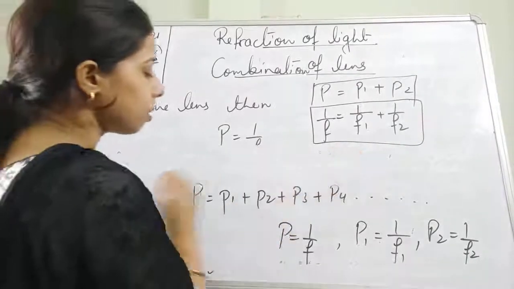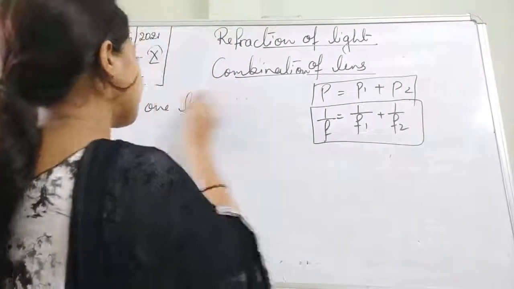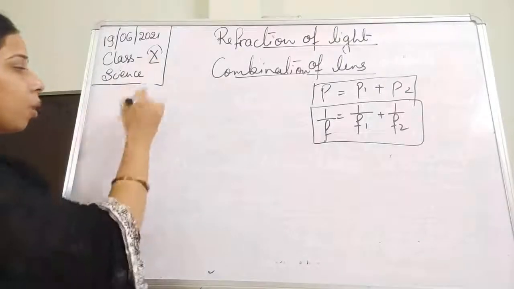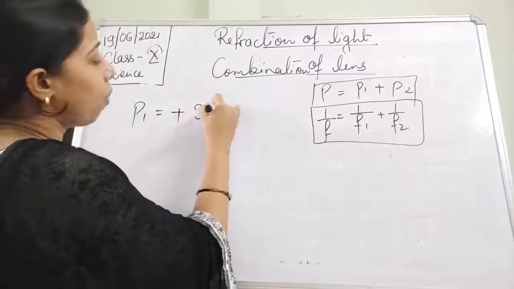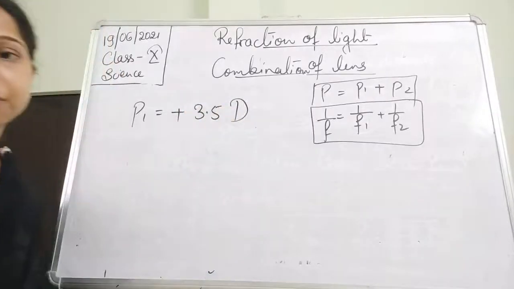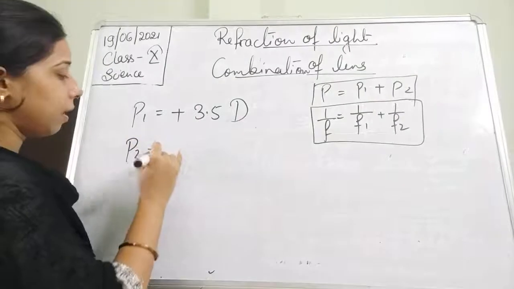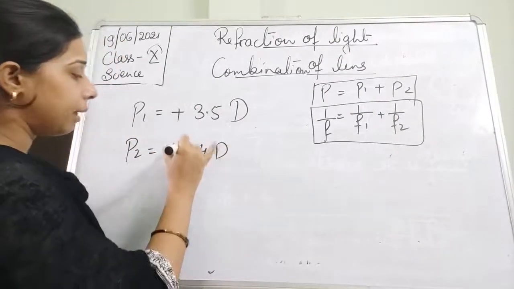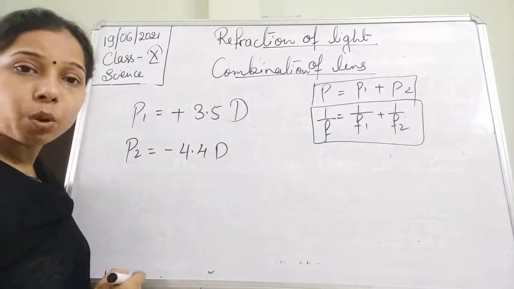Suppose, students, a lens is there whose power P1 is given, that is plus 3.5 diopter, and P2 is given, that is minus 4.4 diopter. Then what will be the power of the lenses?